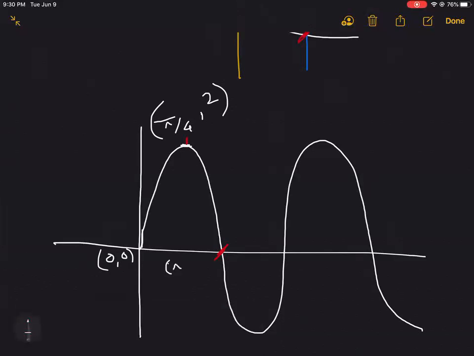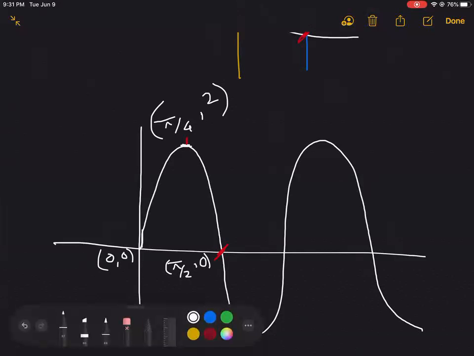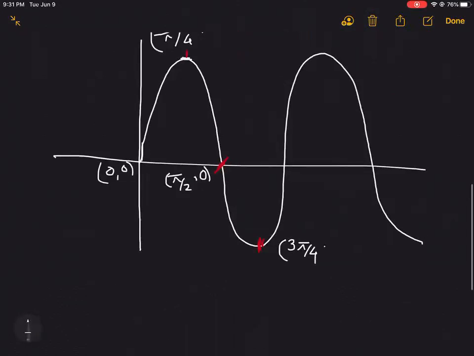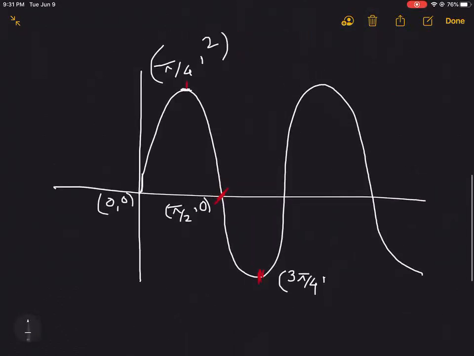So let me write it here. The extreme point below the curve here, we have (3 pi over 4, -2). Okay.